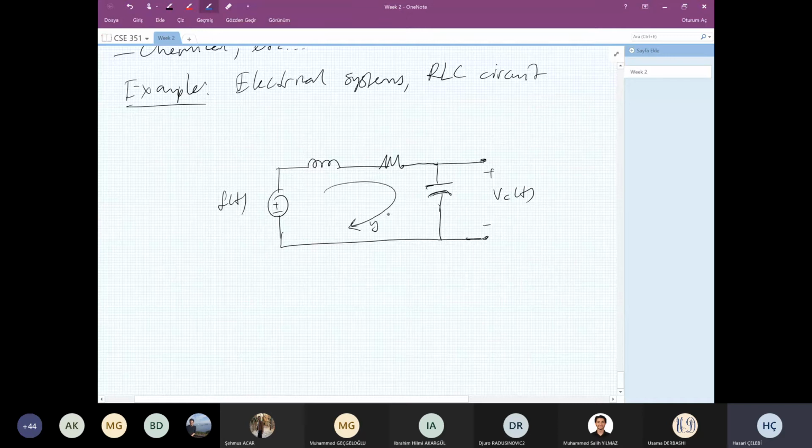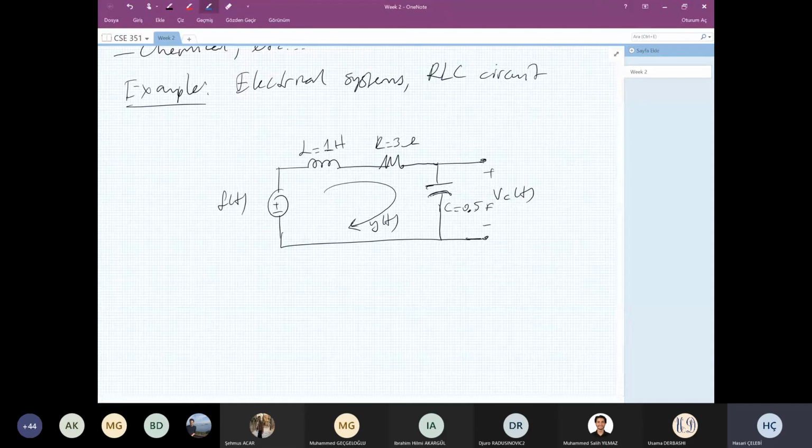And this is y of t, basically our current. So let's assume that the inductor is 1 Henry, the resistor is 3 ohm, and the capacitor is 0.5 Farad. Sorry, Farad.